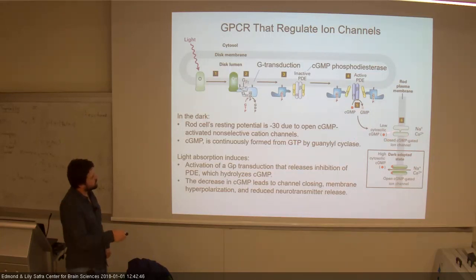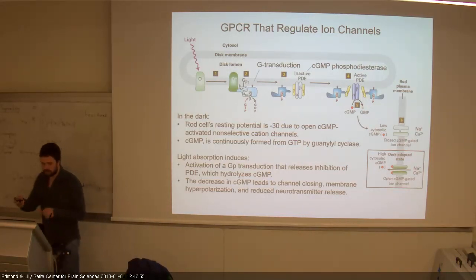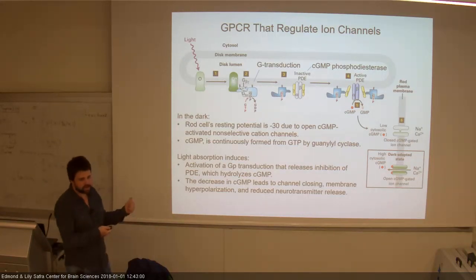And closing of these channels causes hyperpolarization and a decrease in the release of neurotransmitter. And the actual reduction of the neurotransmitter release is the signal in the case of the visual system.